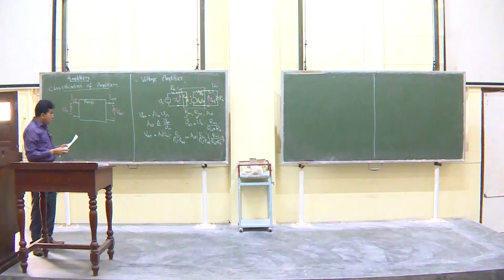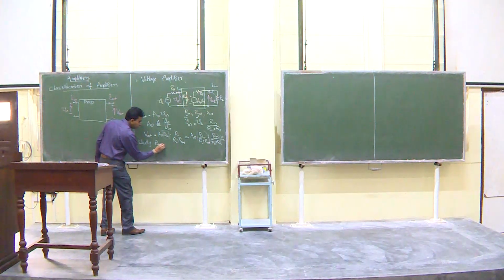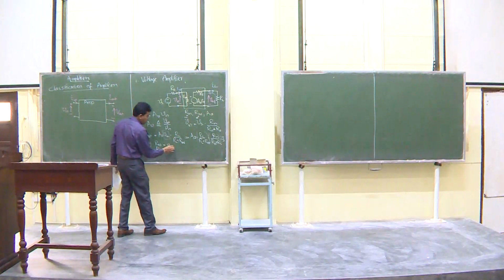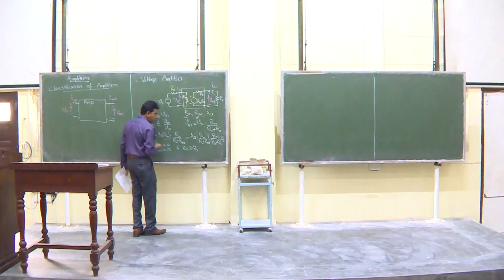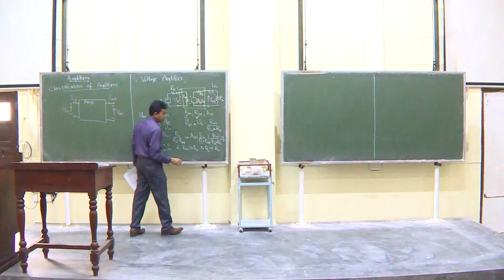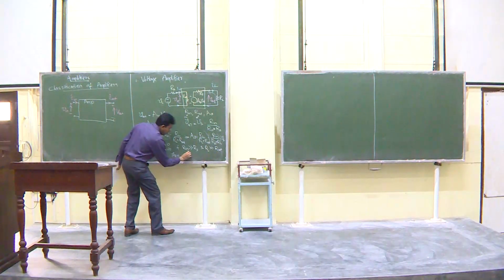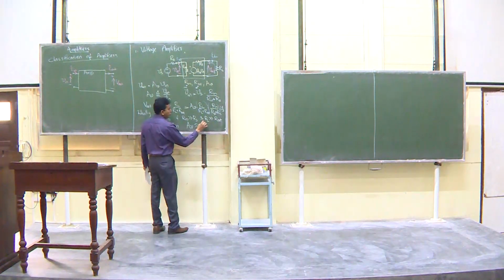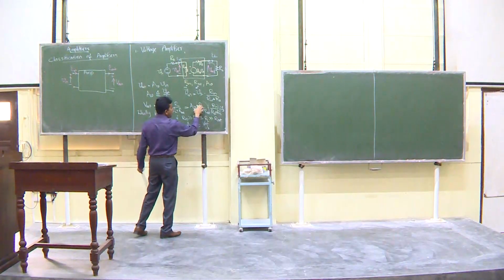Okay. So, ideally R out is 0, R in is infinity, and if R in is much bigger than Rs and RL is much bigger than R out, then this is almost 1, this is almost 1, and AV is approximately equal to V out over Vs. So, these two are almost 1.